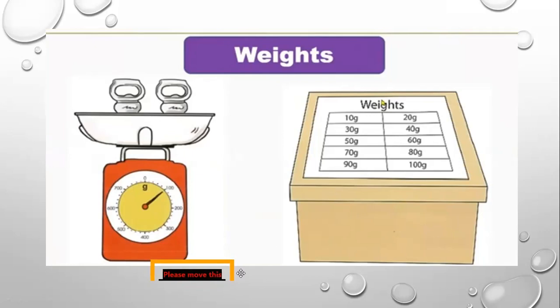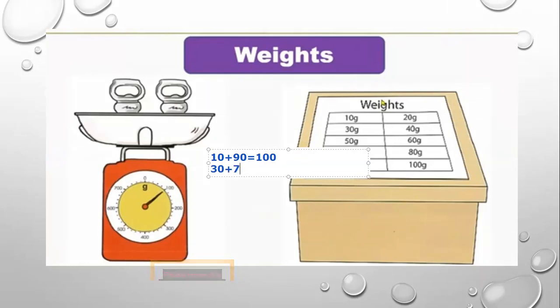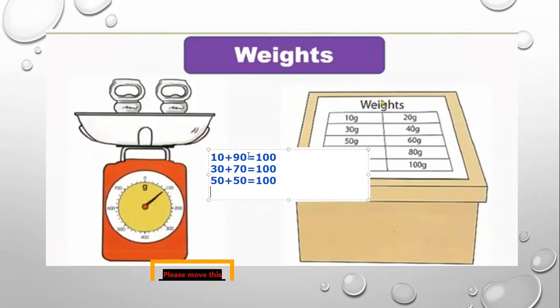Like yesterday's class, we are going to use 10 plus 90 equals 100, or 30 plus 70 equals 100, 50 plus 50 equals 100 grams. So we are going to use 2 tens to make 100 grams. Understand?